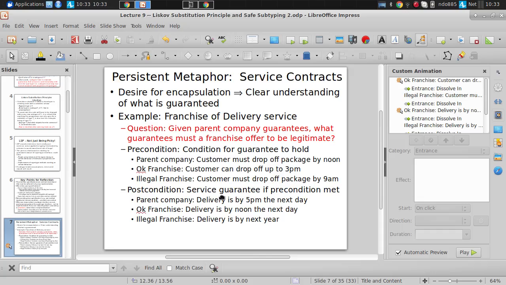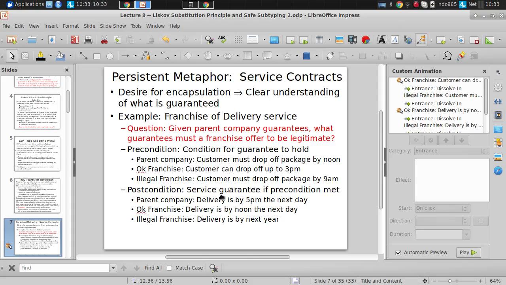And with the postcondition, we can say, well, for our FredX, we actually guarantee delivery by less than or equal to noon the next day. This is postconditions, right? And they can't be disappointed because after all, that's within the time frame that was guaranteed by FedEx, but it's more specific and it's a subset of those times.